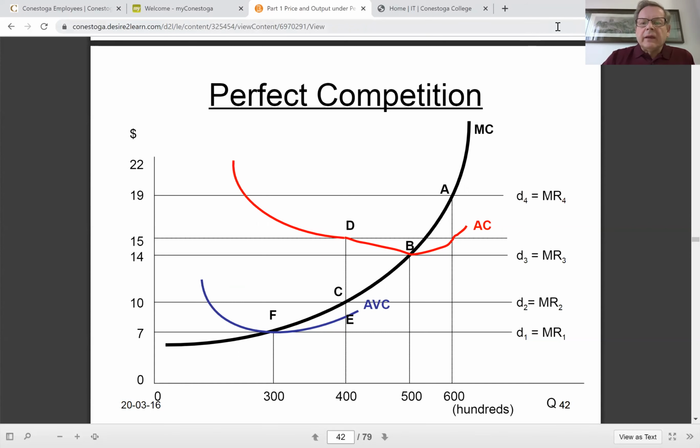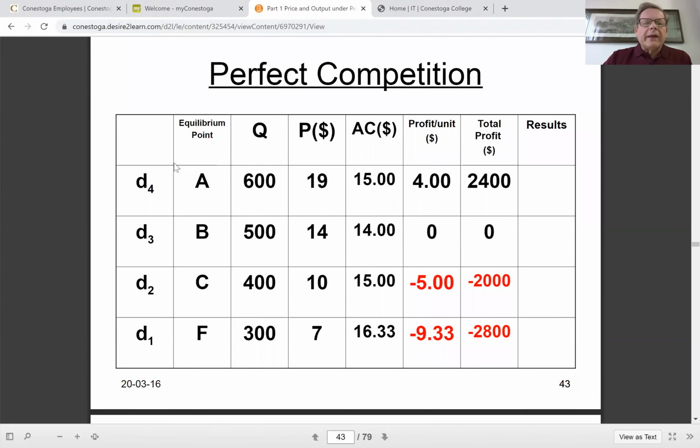So at D4 at point A, the quantity is 600. The price that they receive is $19. The average cost is $15.